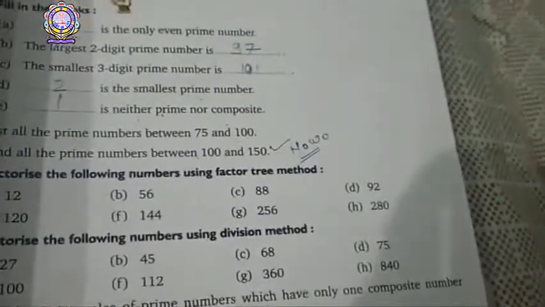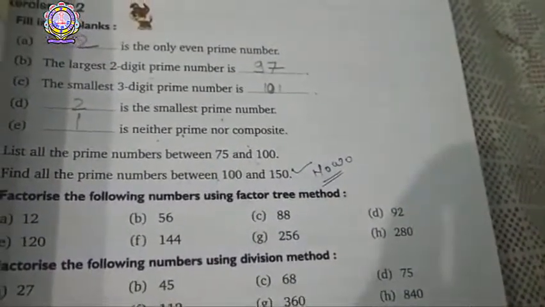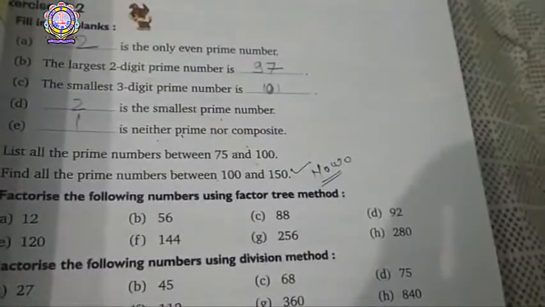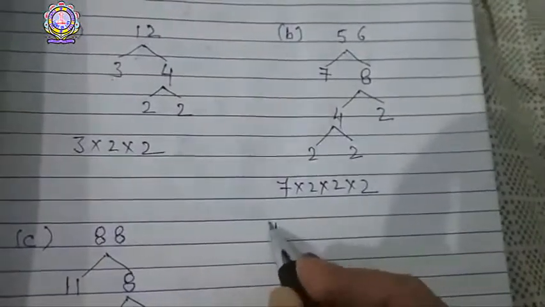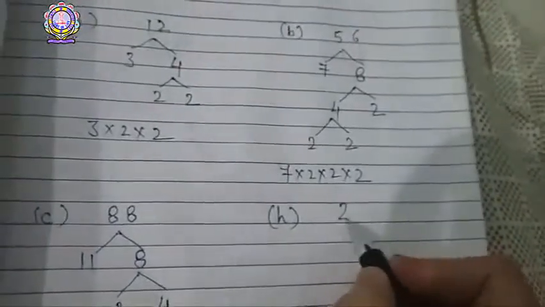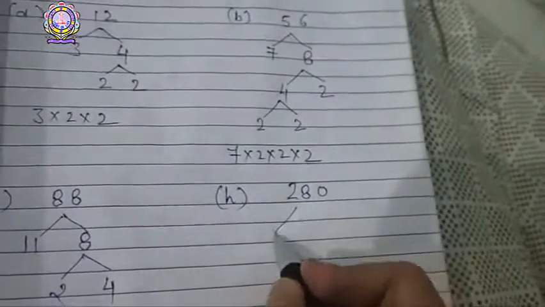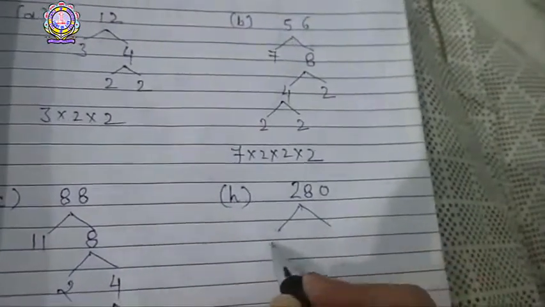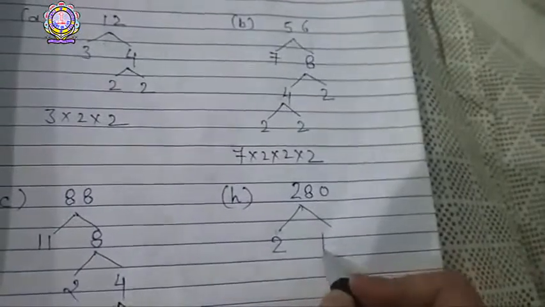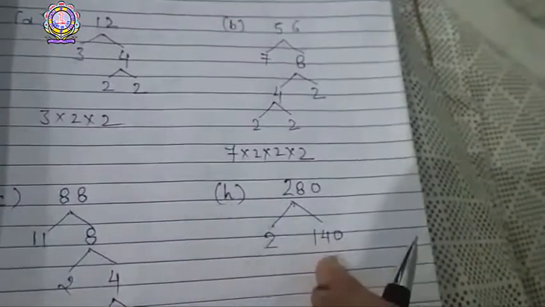Next question. I'm going to solve question number H. Question number H is 280. Divide 280 by 2. 2 ones are 2, 2 fours are 8, 0 as it is. 2 is a prime number and 140 is a composite number.